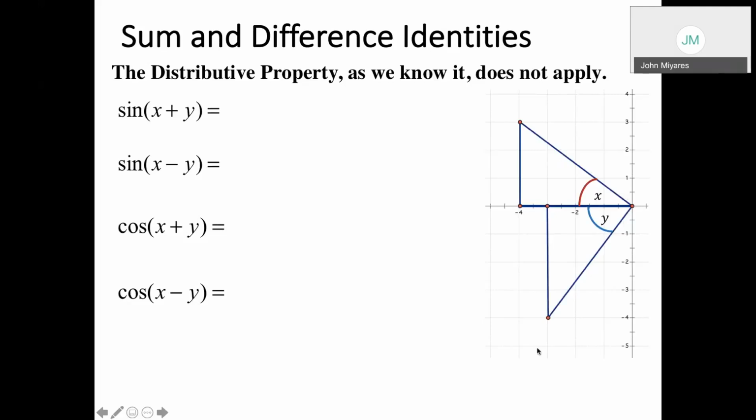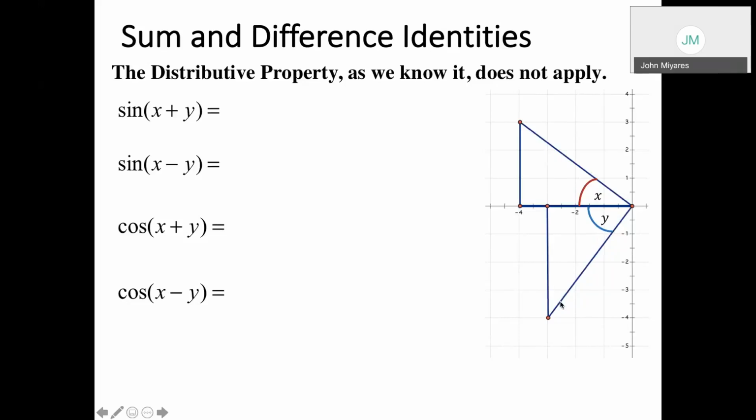Meanwhile, angle Y has its terminal side in quadrant 3, and this looks like it will have a measure that is slightly bigger than 225 degrees because the slope of this segment is going to be slightly bigger than 1.